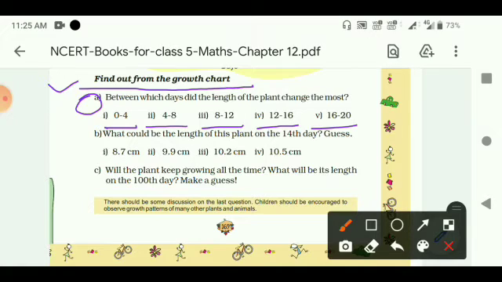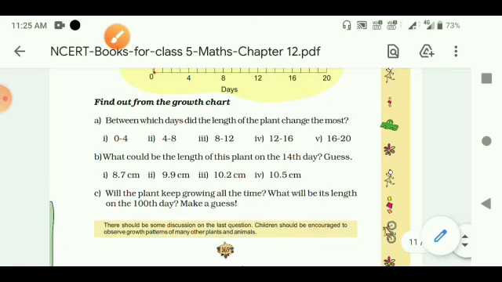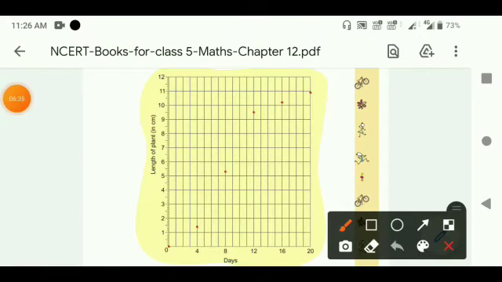To answer this question, we have to see in the chart. So here you can see from 0 to 4 days, it grew to 1.4 centimeter. Then from 4 to 8 days, 5.3 centimeter.